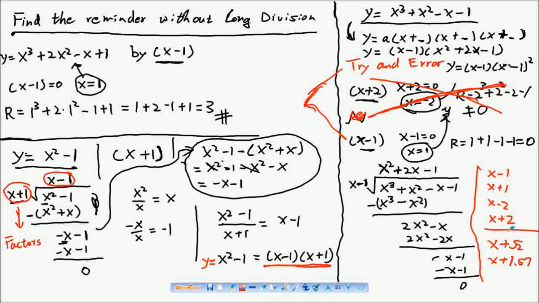So when they ask you to factorize a polynomial equation using long division by hand, always try those factors first. Now let's do some more examples.